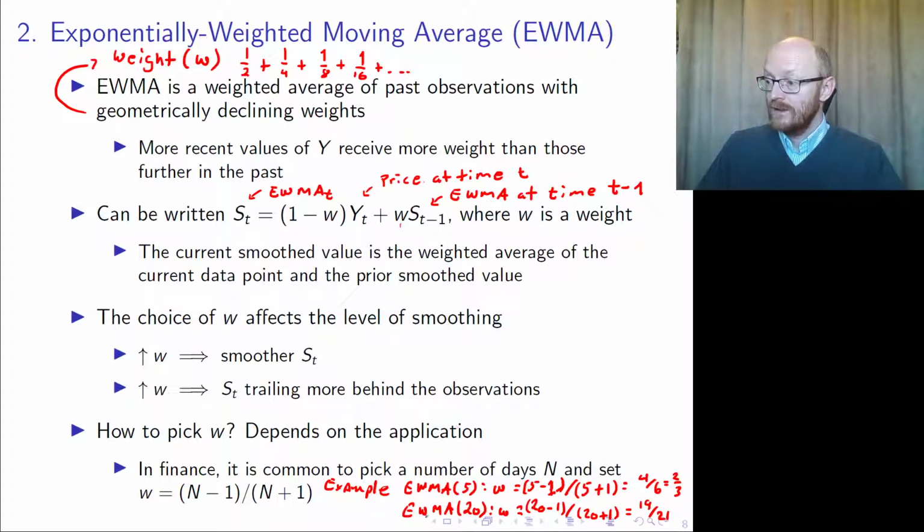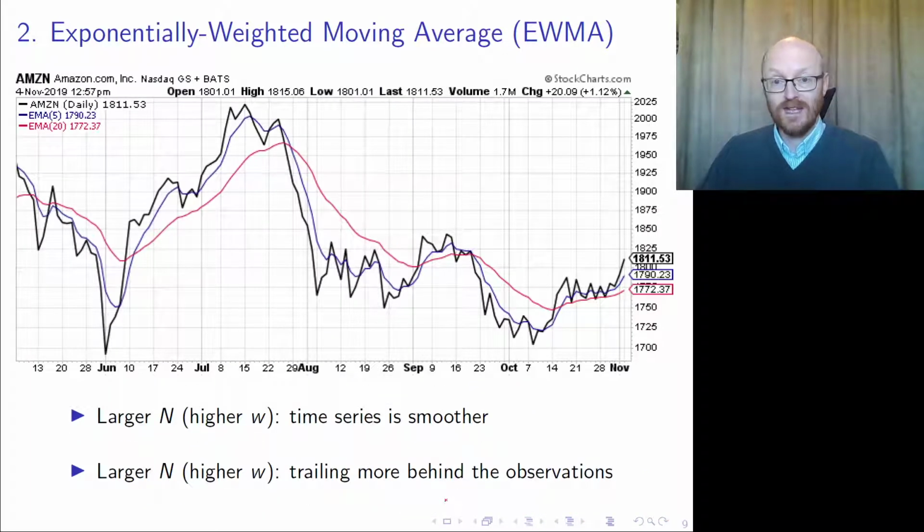So we would expect the 20-day exponentially weighted moving average to give a smoother curve than the 5-day exponential moving average.